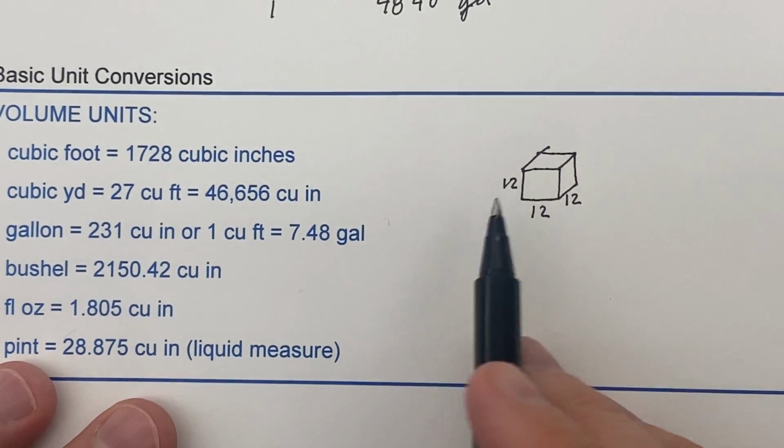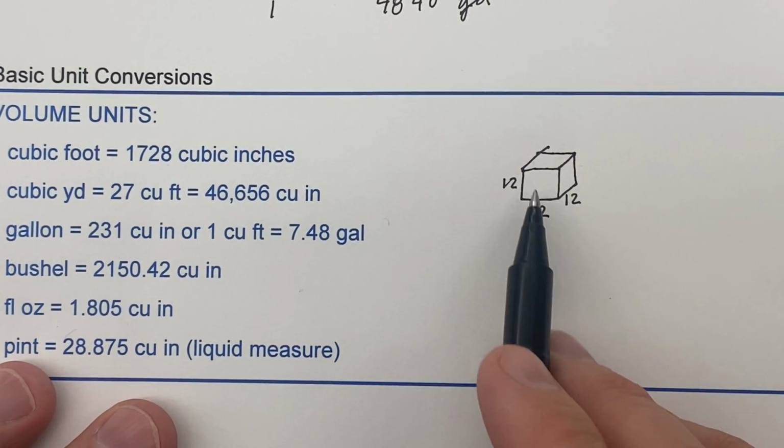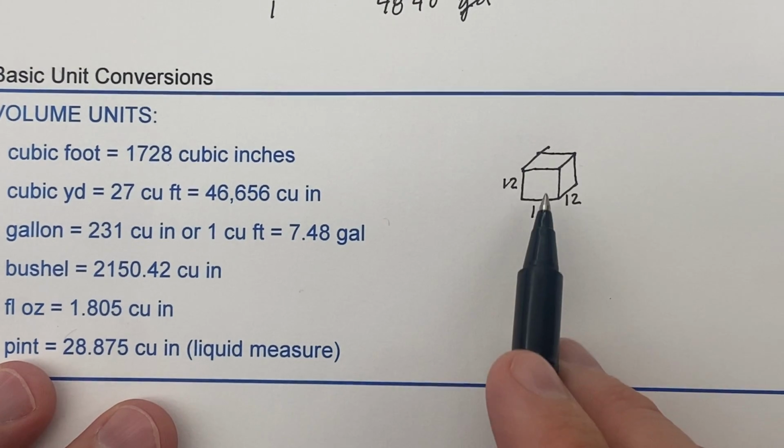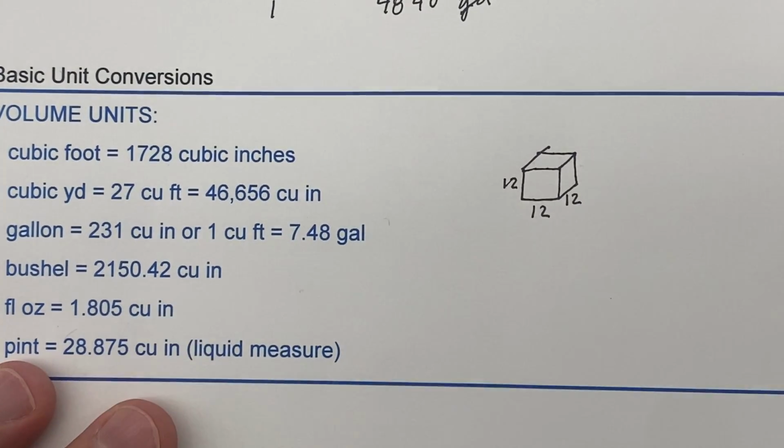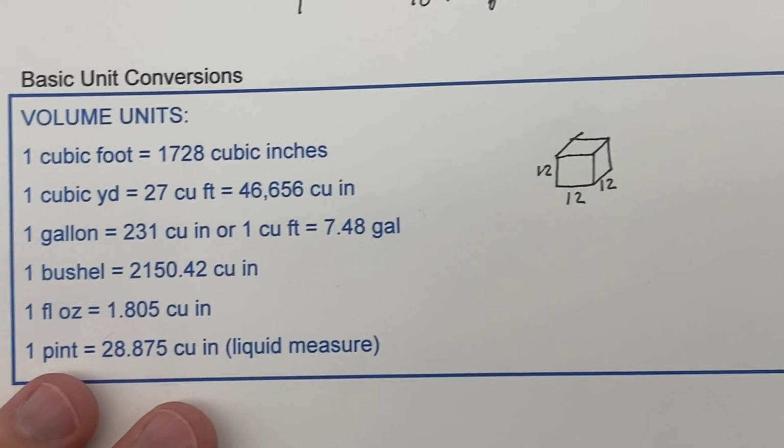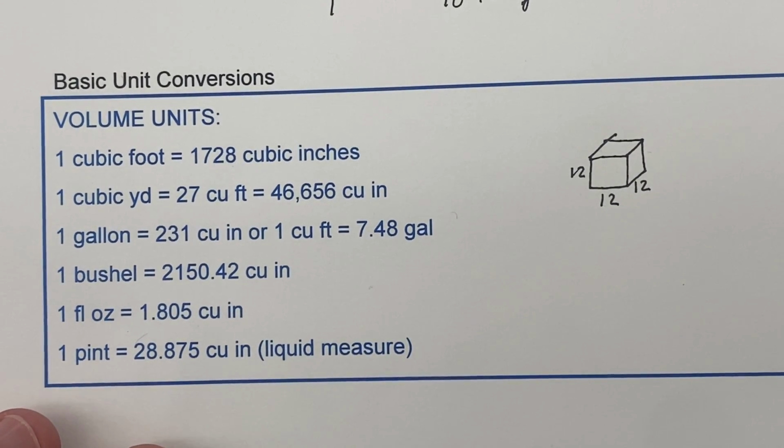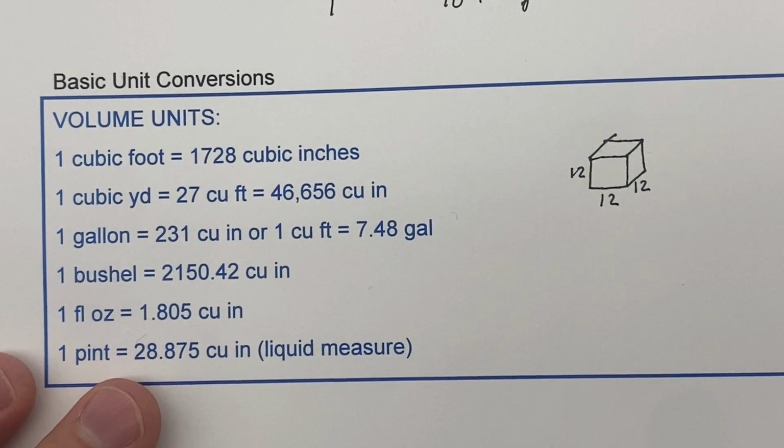You got your calculators? Trying to find the volume of this thing. It's length times width times height. 12 times 12 times 12. Yes. And that's where that number comes from. 1 cubic yard, 3 by 3 by 3 will get you 27 cubic feet. And then 46,656 cubic inches.